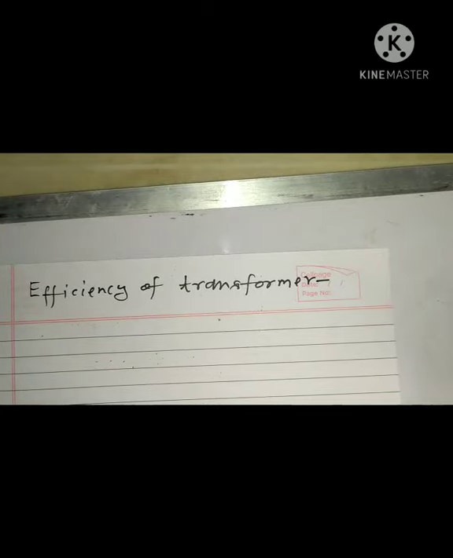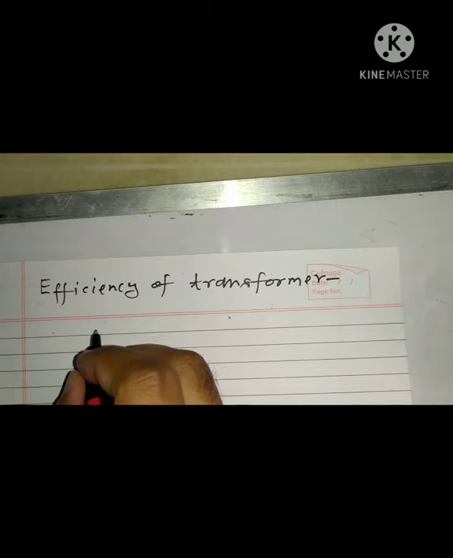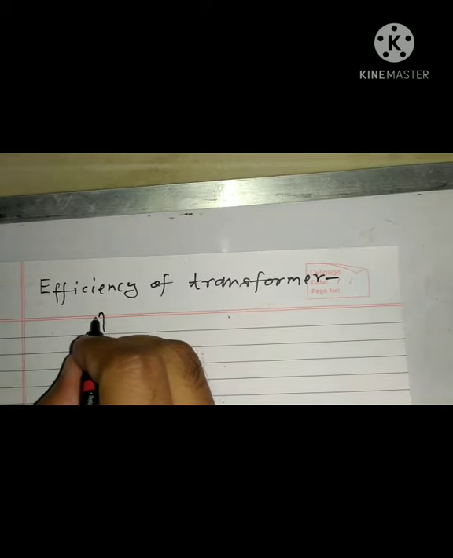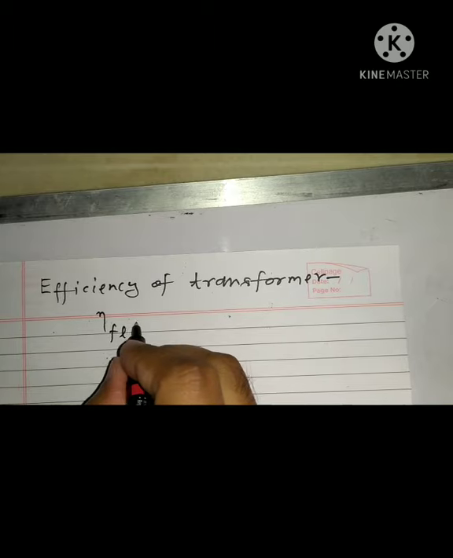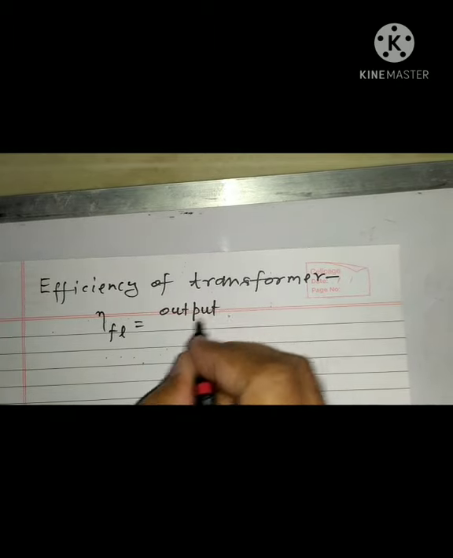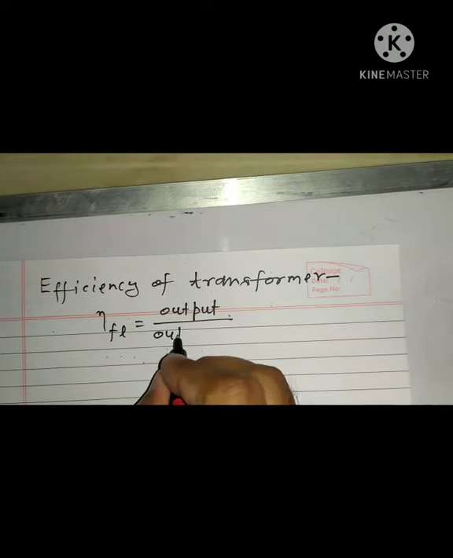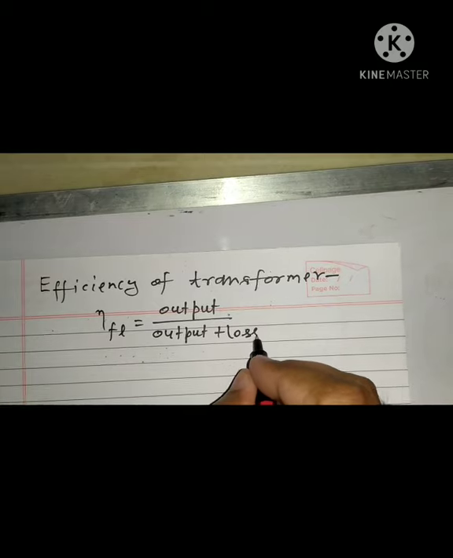Let us see efficiency of transformer. We know efficiency at any load, say at full load, is given by output by output plus losses.